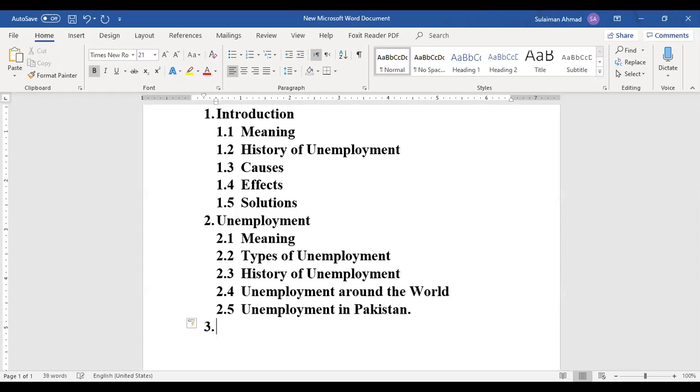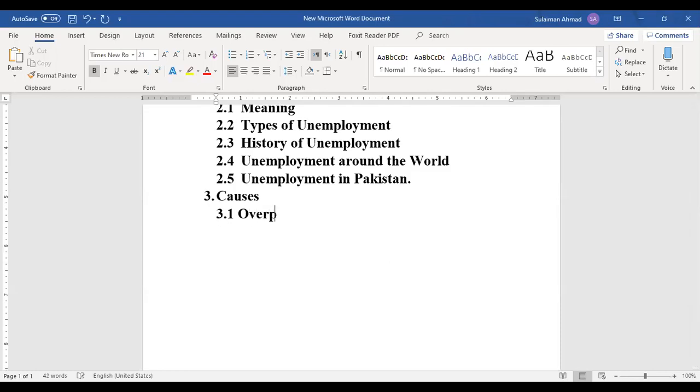Then we have body paragraph number 2, that is about the causes of unemployment. So what are the possible causes which we brainstormed in the previous lecture, if you remember? Overpopulation was there. Okay, good. High birth rate.